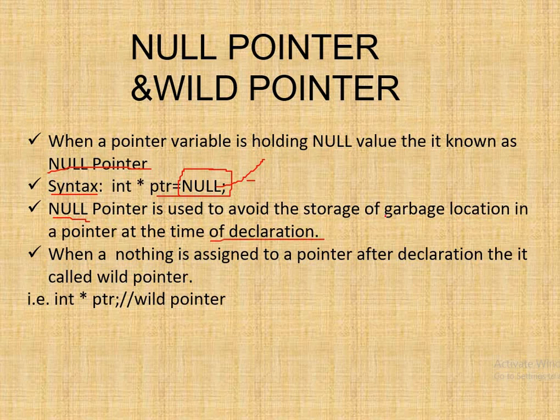If we store a garbage location, any location of the memory, and that location is restricted by the operating system, it can cause a system crash also. So to avoid this, we initialize a pointer variable with null.